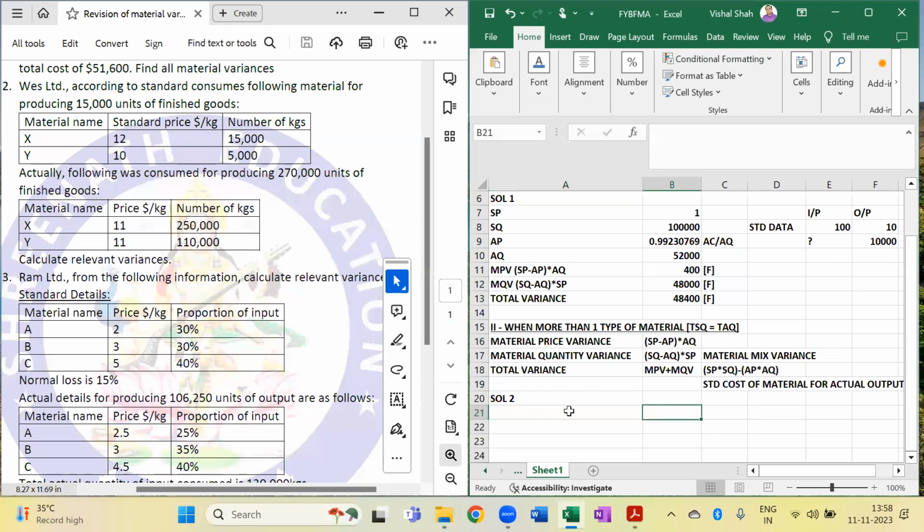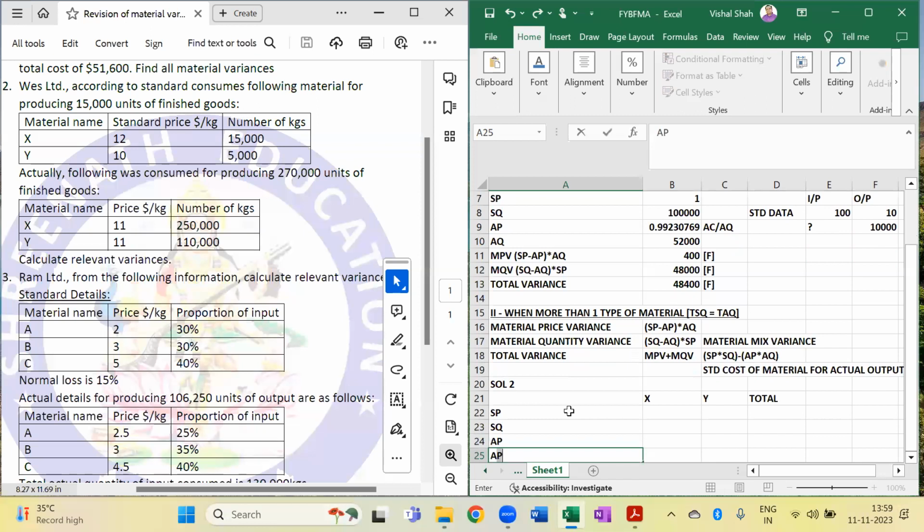I want it for X, I want it for Y and total. SP, SQ, AP, AQ. SP is 12 and 10 for X and Y, whereas actual is 11, 11.